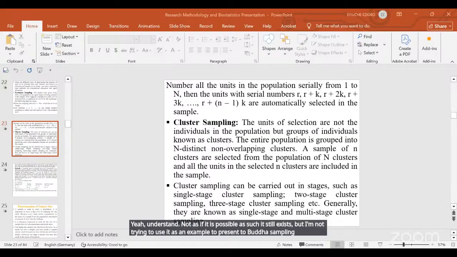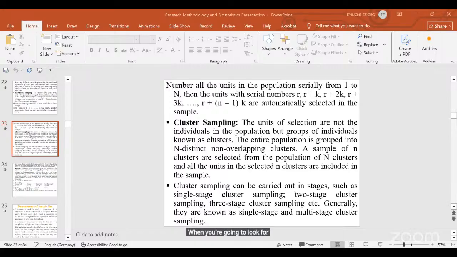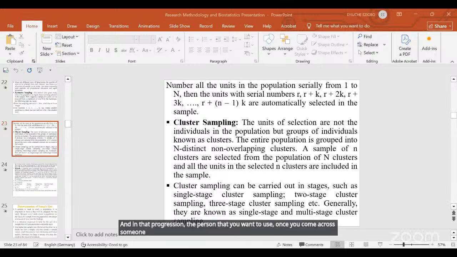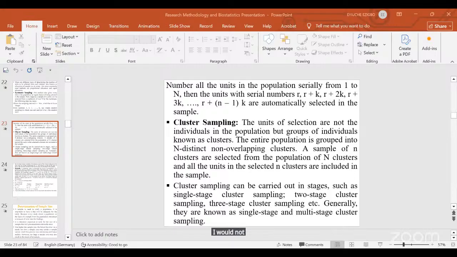When you go to look for the patients in that population, once you come across someone that is oversized, according to that predefined definition, you will try to do what? You dodge the person. I will not use this person in my research. But when you see among those patients someone that is smaller in size, this is a candidate that I want to include in my study.